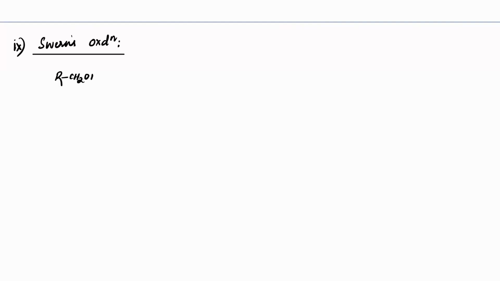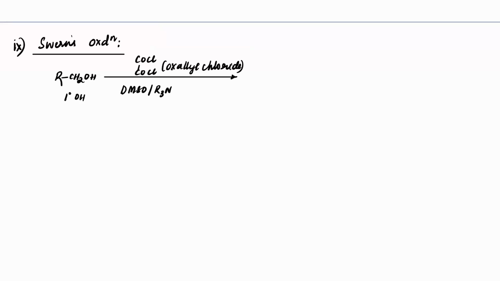When you react a 1-degree alcohol with COCl, COCl, this is how it is connected, this is called oxalyl chloride. When you react that in the presence of DMSO or triethylamine, it will convert into an aldehyde form. This is called Swern oxidation.